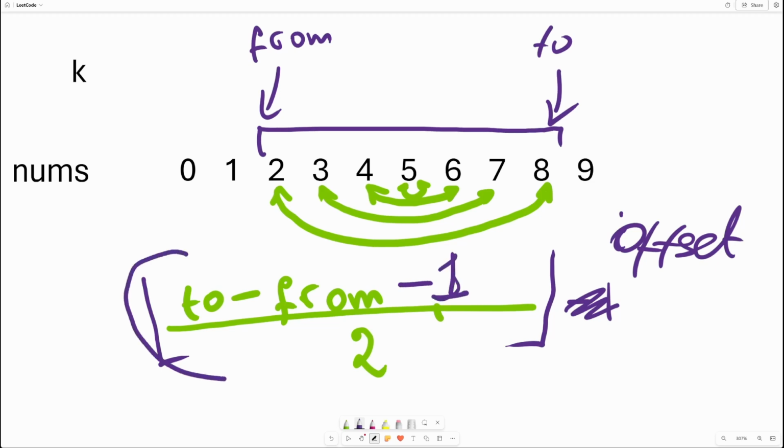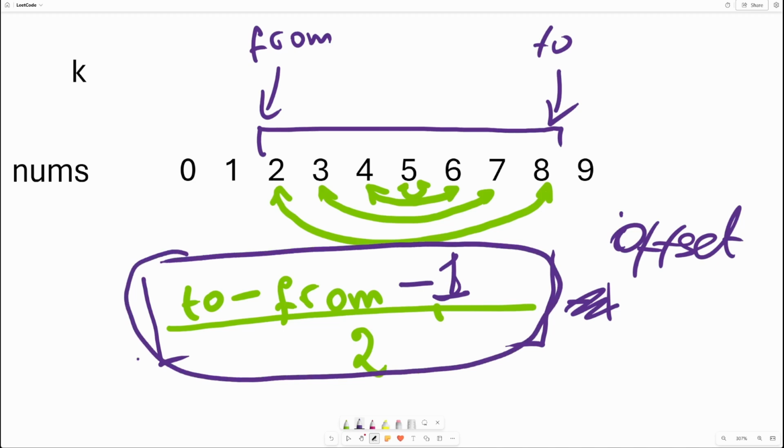So this is the largest offset starting from 0. If we do this sort of thing, offset 0 will give us this swap, offset 1 will give us this swap, and then the last number, this one, will give us this swap right here.